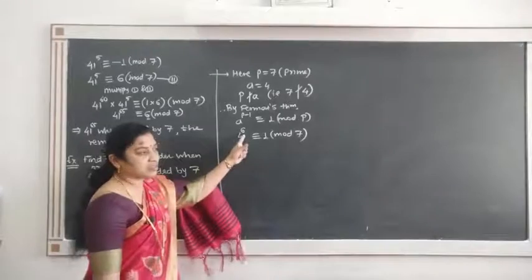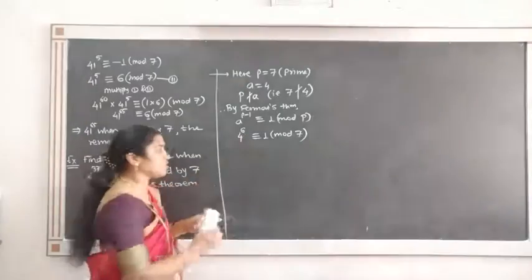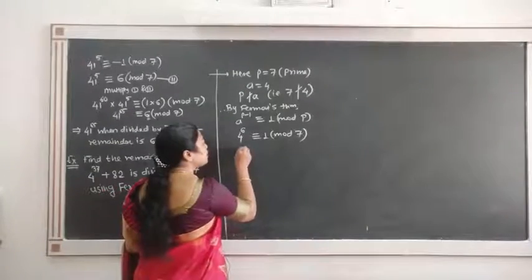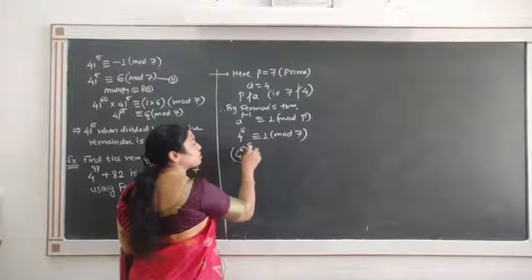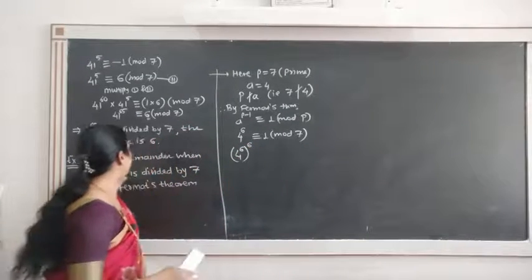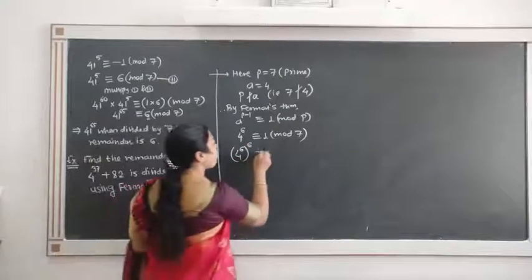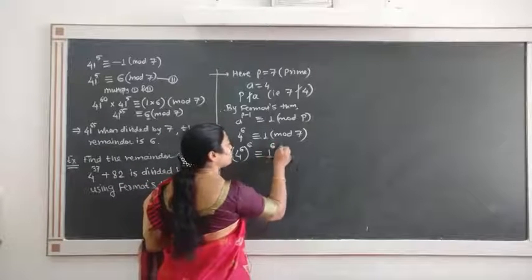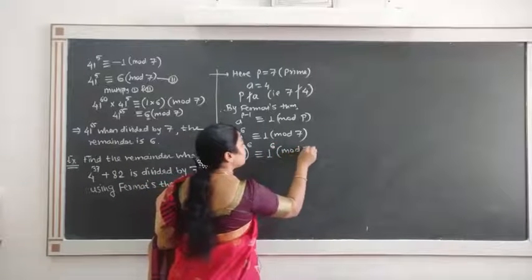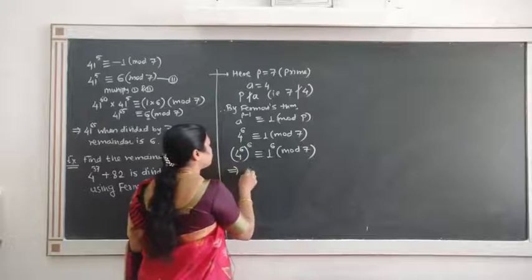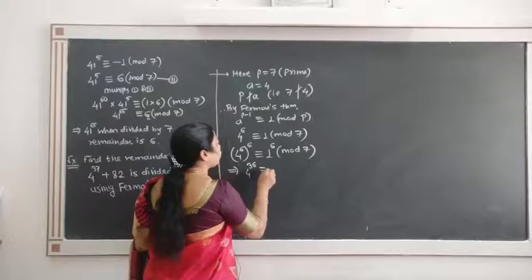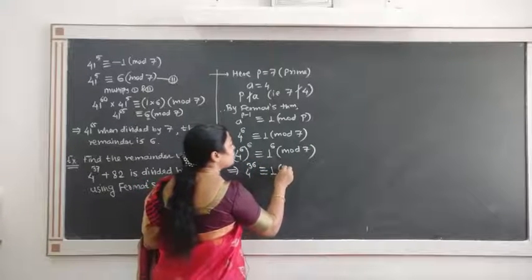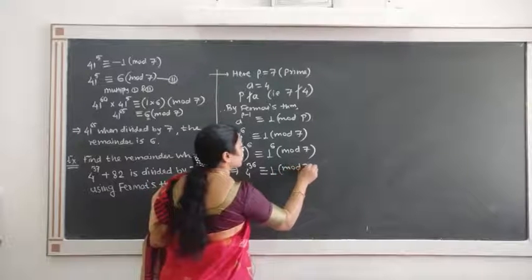The multiple of 6 nearer to 37 is 6 into 6, 36. So we take power 6 on both sides modulo 7, and therefore 4 raised to 36 is congruent to 1 raised to 6, which is 1 modulo 7.